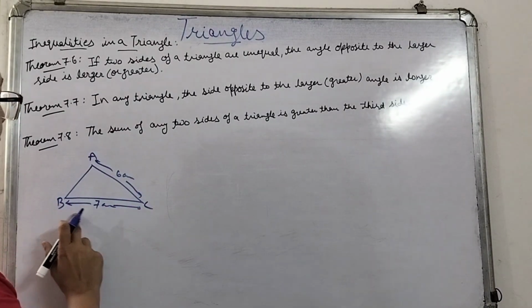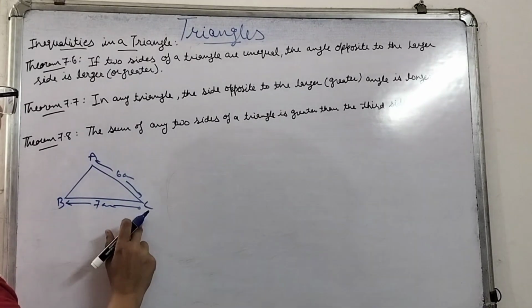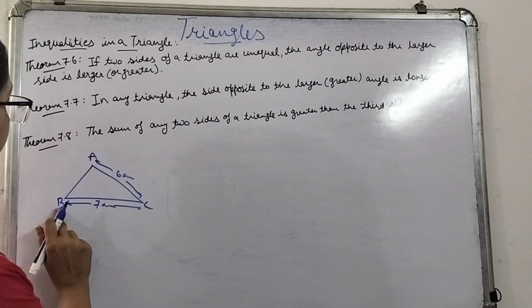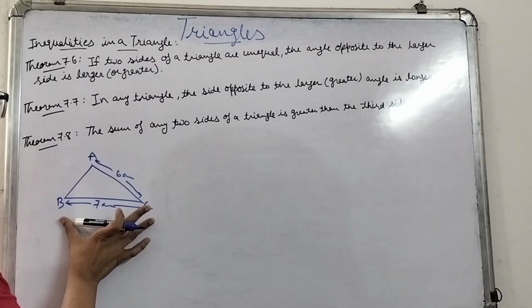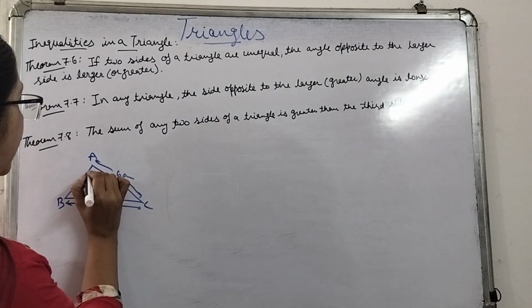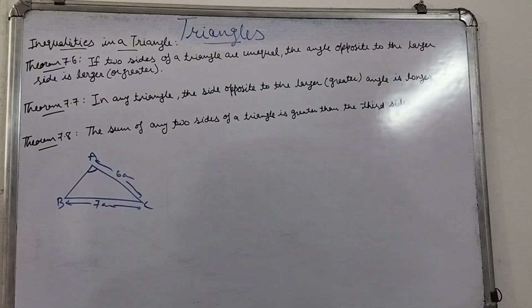So the angle opposite to the greater side will be greater. If BC is the biggest side, then the angle opposite to it will be larger.